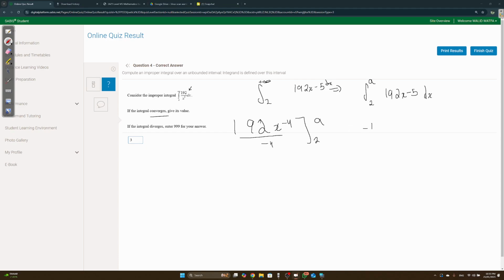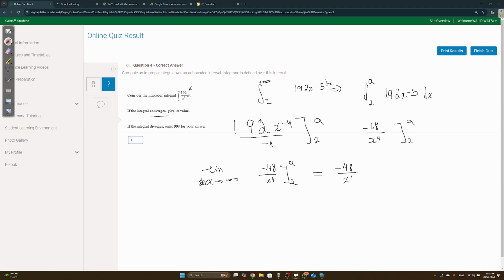192 divided by negative 4 is negative 48 over x to the power of 4. From 2 to A, say limit A approaches infinity of negative 48 over x to the power 4, 2 to A. What's it going to be when you change A to infinity?